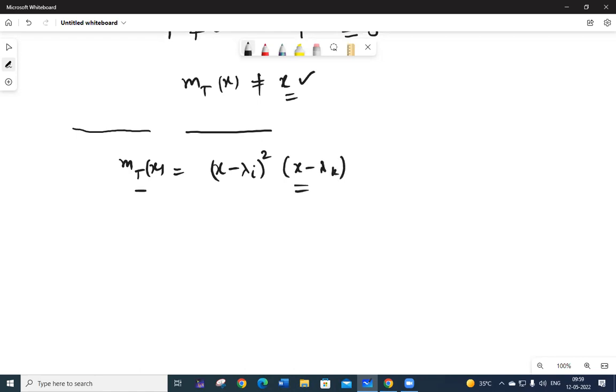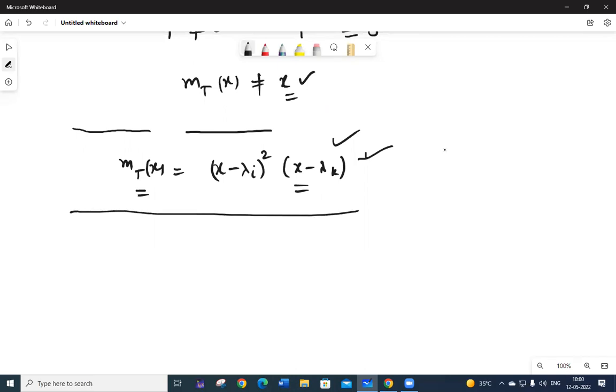Then obviously T is non-diagonalizable. But in that case, we will be trying to look at a canonical form which would be near to diagonalization. So that's the result we are going to do.